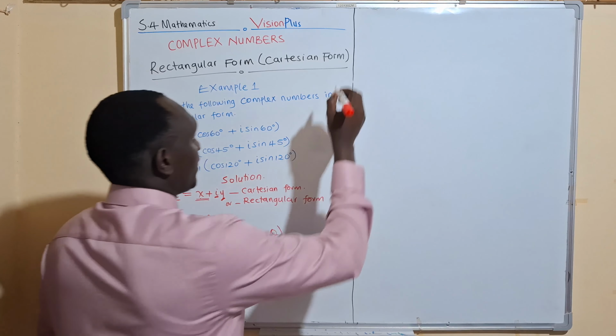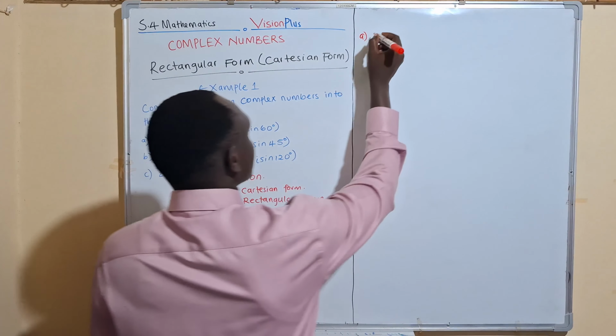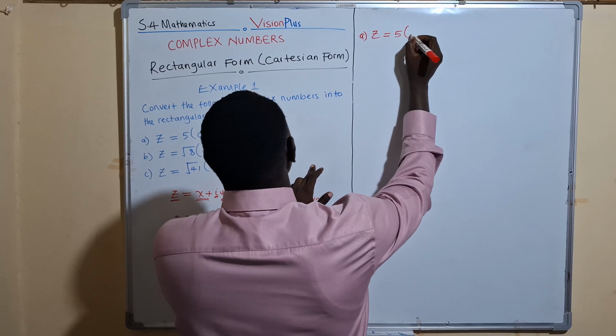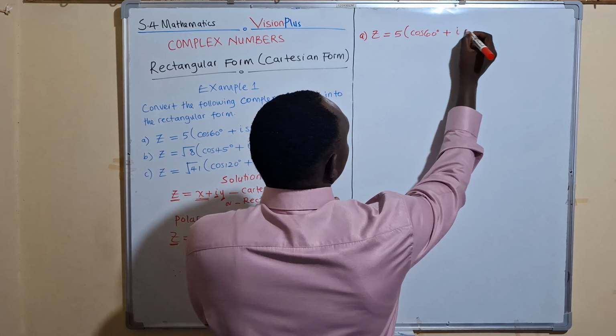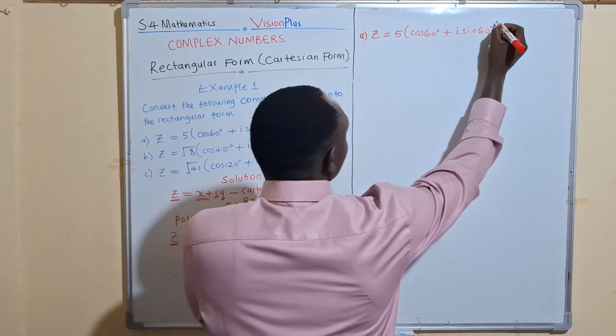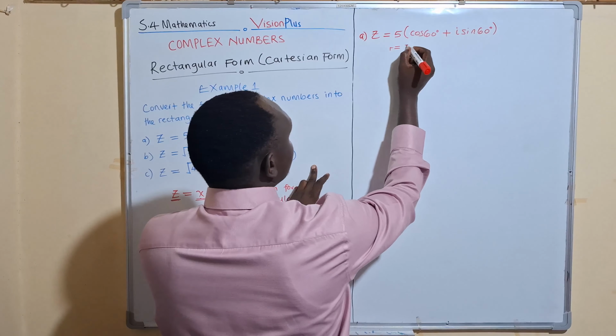So going to example A, part A says that the complex number z is given as, this is in the polar form, 5 into cosine of 60 degrees plus i sine of 60 degrees. Close the bracket. What is r here? r here is 5.